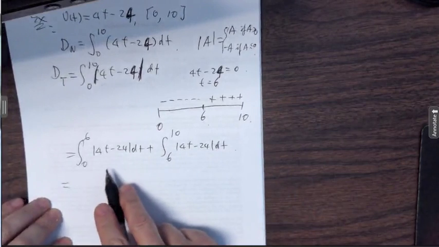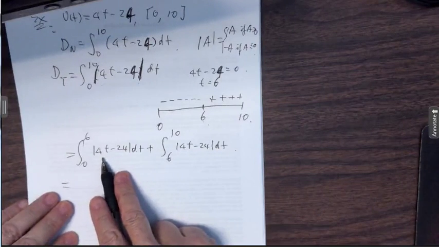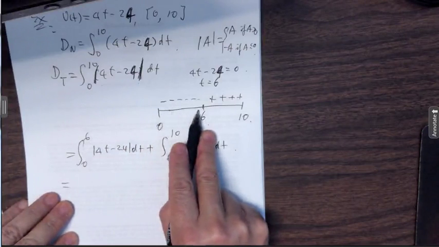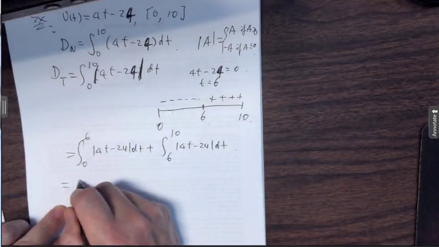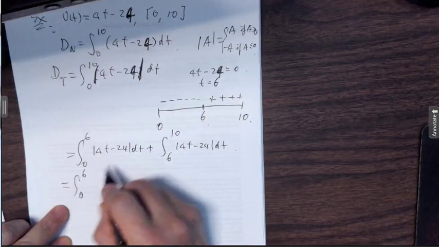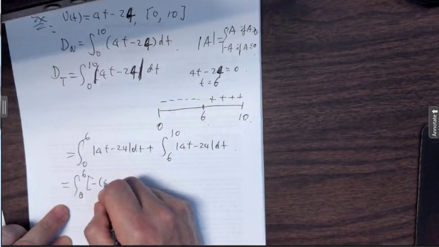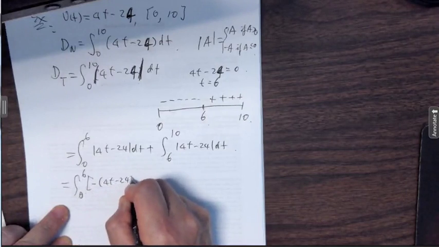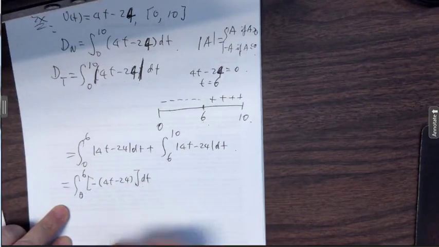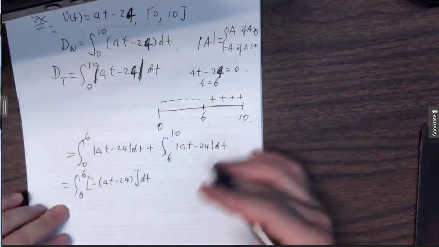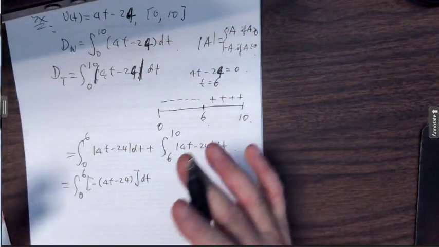Now, here's the action. From 0 to 6, we know 4t minus 24 is negative. Algebraically, to throw out the absolute signs, we need to put a negative sign in front of the expression. Because 4t minus 24 is negative, we need a negative sign to make it positive.